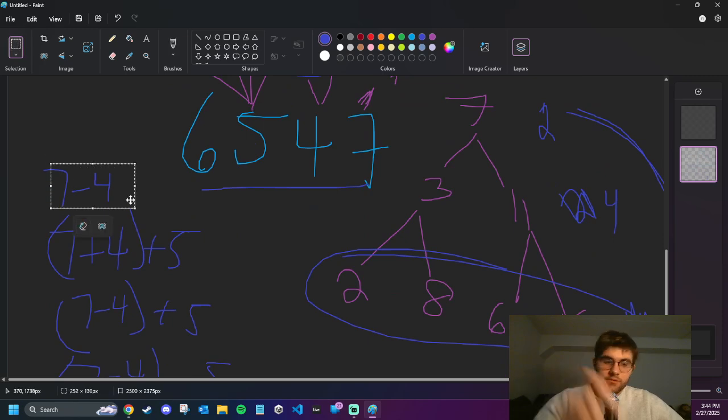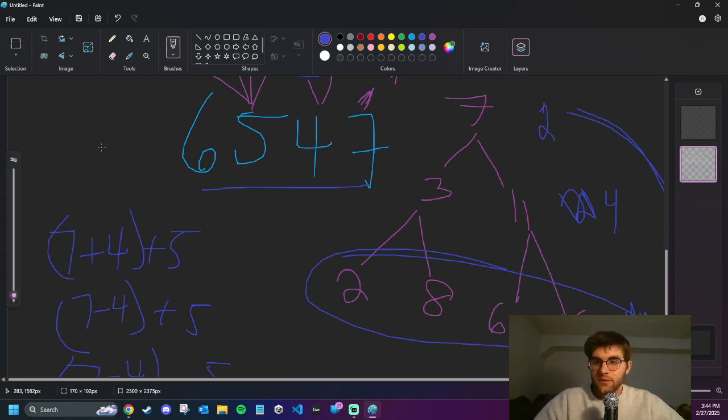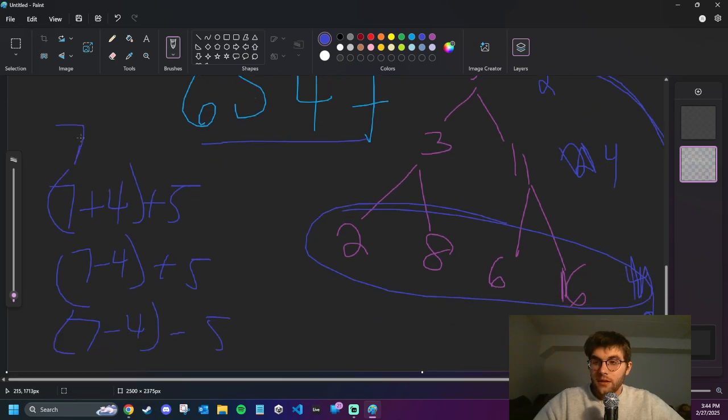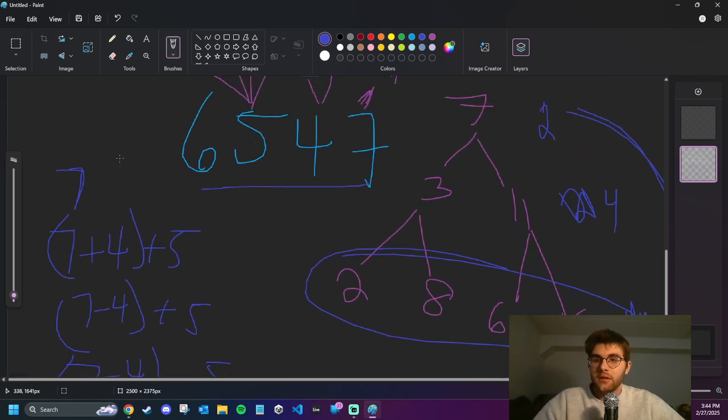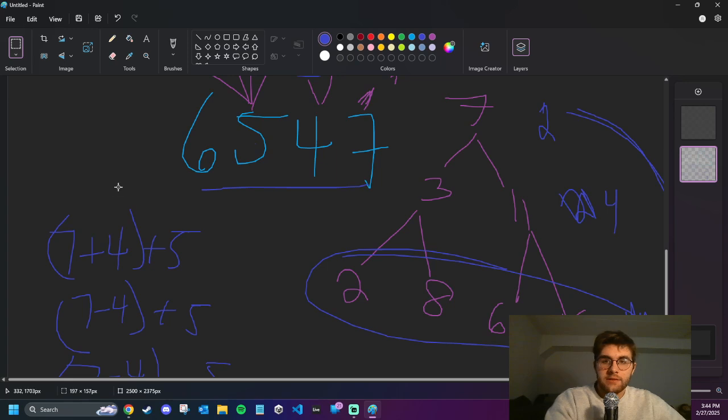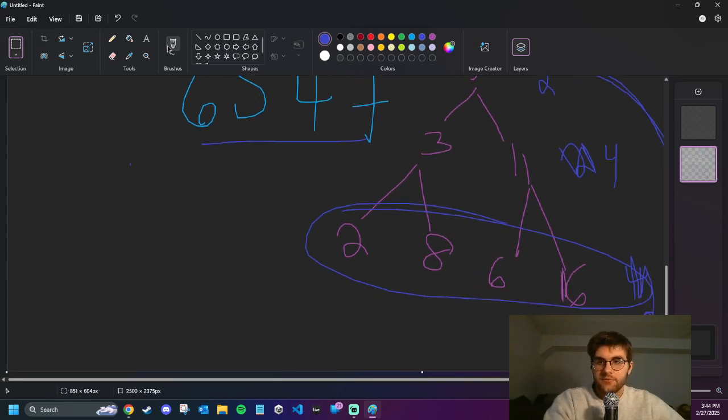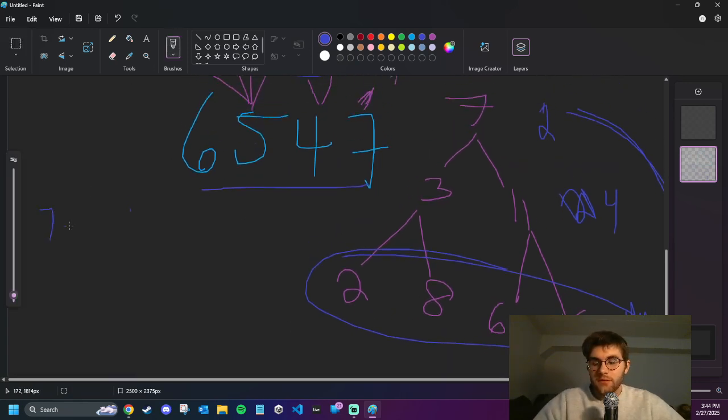Okay, this is kind of a little more interesting. I still think it's 2 to the n though. So we can represent it as, okay, let's just look at the first two numbers. So it's either 7 plus 4 or 7 minus 4.